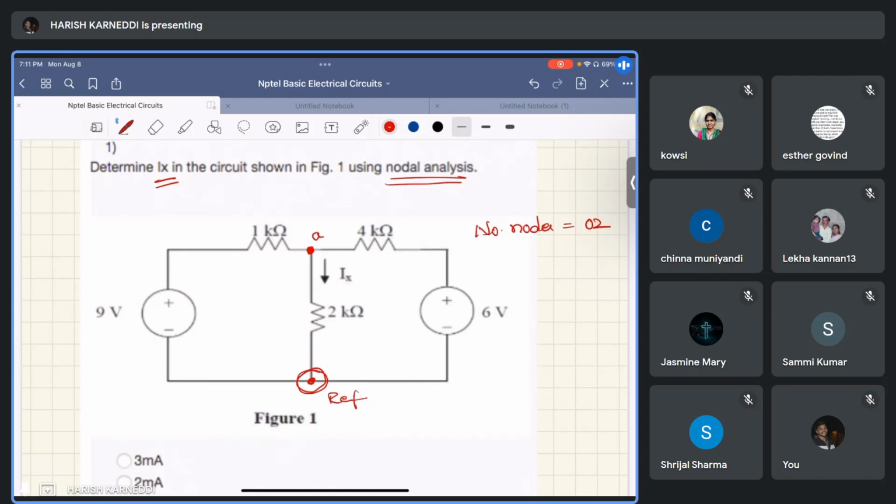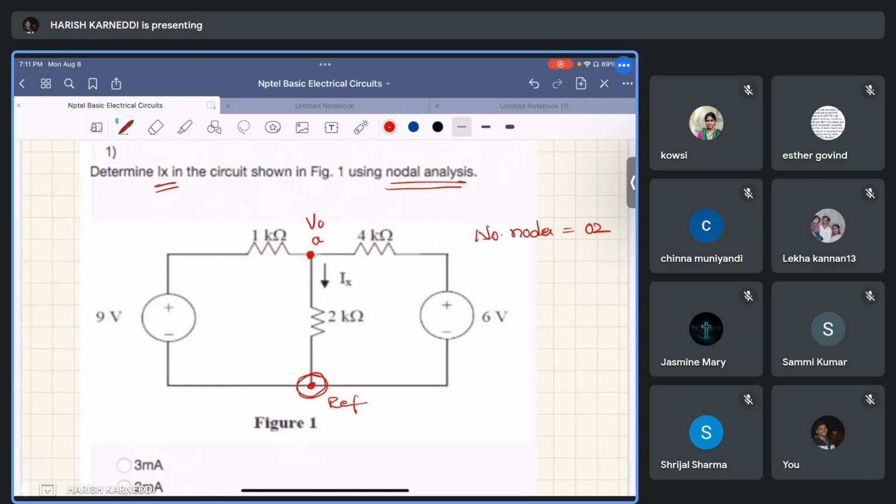Let us suppose this is node A. The voltage at node A is VA. That VA is the potential at the node with respect to the reference node. Is it clear?